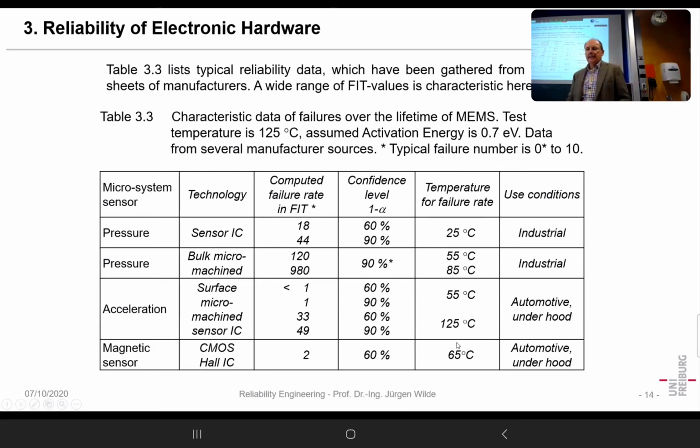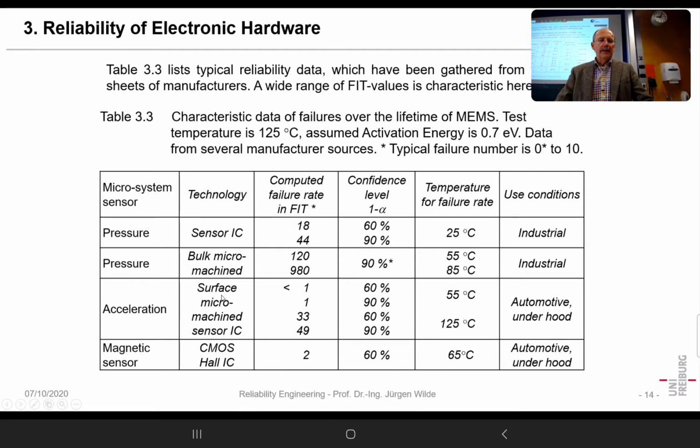And now we have seen it's important to look for the failure rate, and the given values for these different applications are very variable.